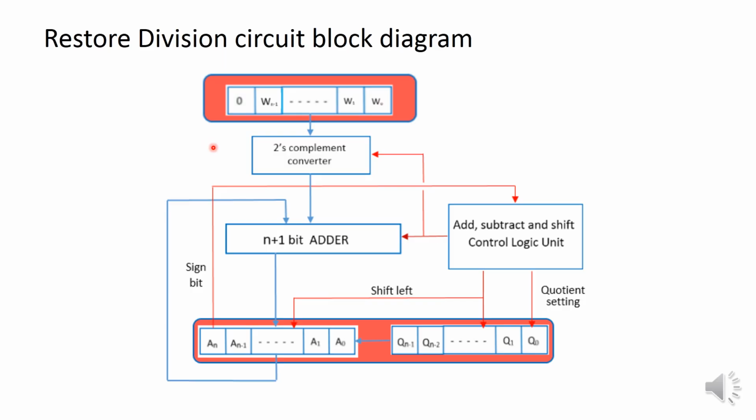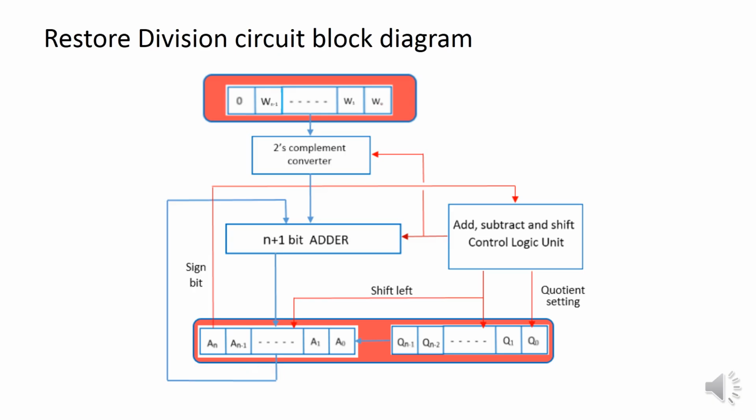Here it is converted in 2's complement in case of subtraction. This is the quotient register, but as I said, initially the quotient register is given a double use. Initially it stores the dividend and then progressively is substituted by the bits of the quotient.